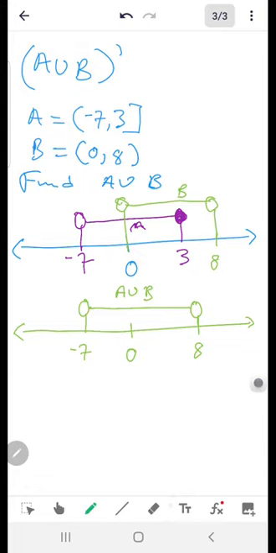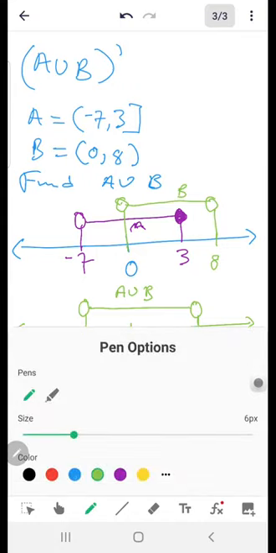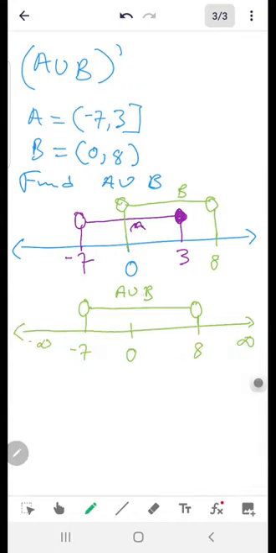But what is the question saying? Now let's find (A union B) complement. So we need to find the complement. This goes up to positive infinity and negative infinity. If you look at the complement of A union B, it will be going that side and that side, and the endpoints will be included.